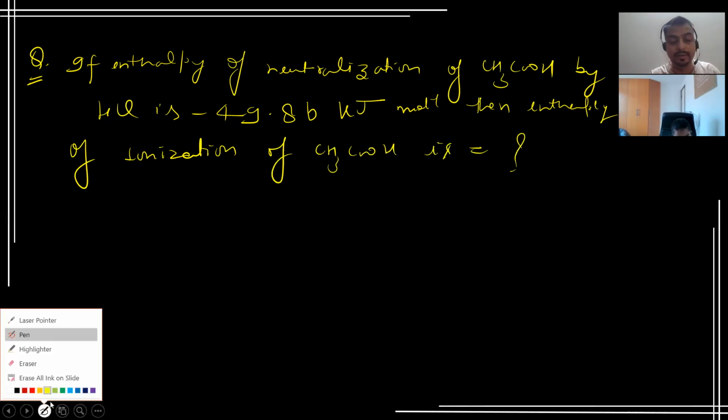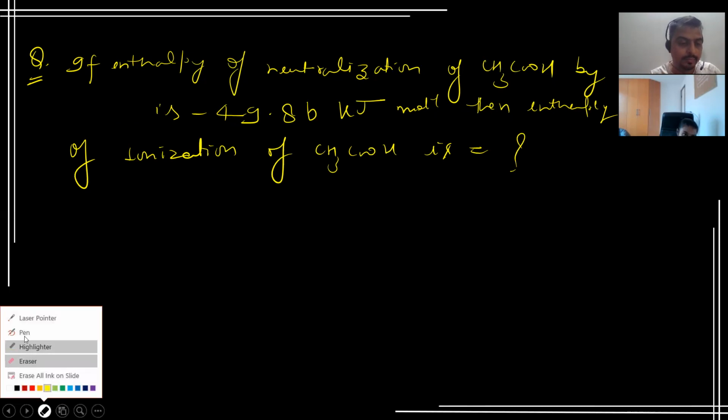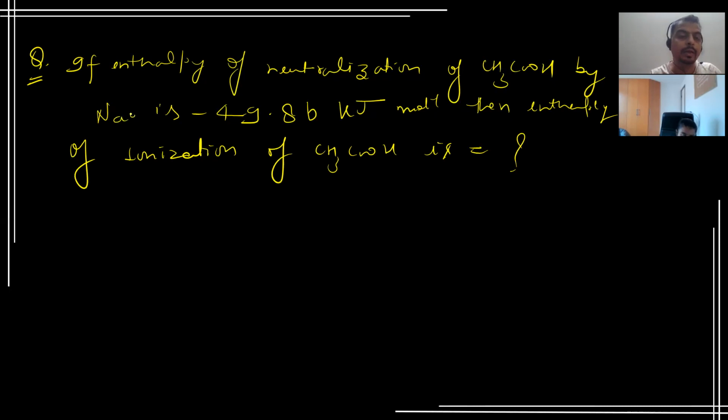ठीक है, ये निकालना है. This is what you need to find out, and we have got the HCl by NaOH because CH3COOH is already an acid. So by alkali NaOH.